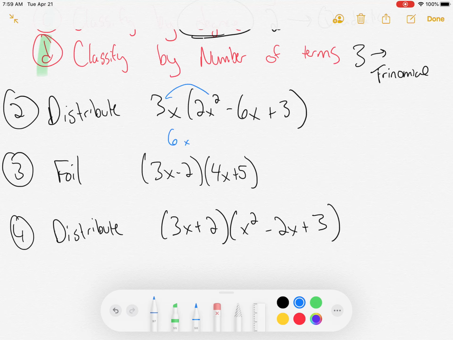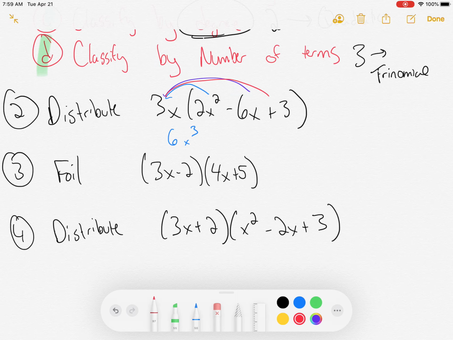Number 2, you did the first step correctly. You distributed correctly. You said 3x times 2x squared is 6x to the third. 3x times negative 6x is negative 18x. 3x times 3 is plus 9. Oh, excuse me.